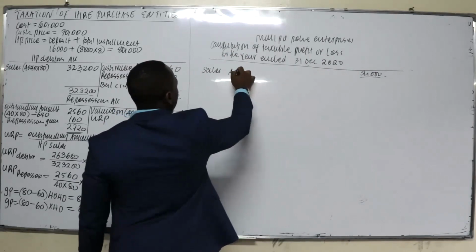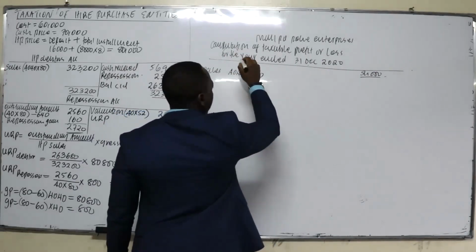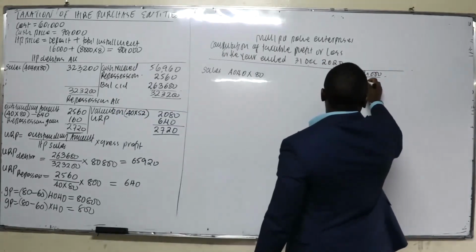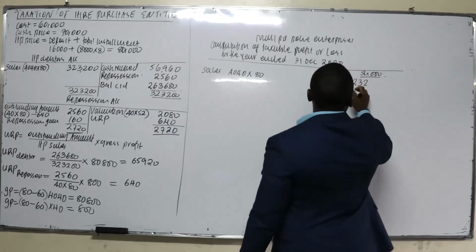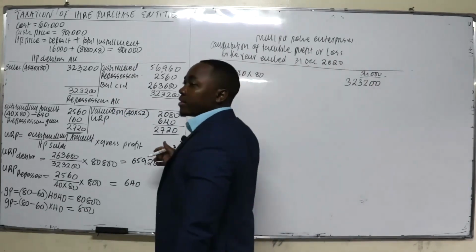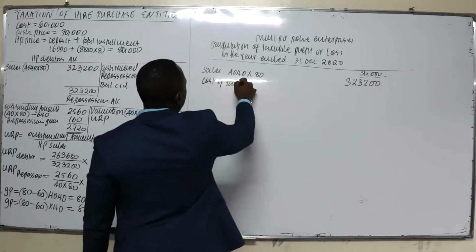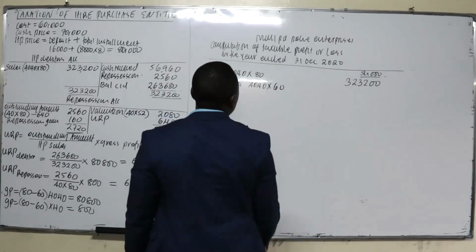We sold 40 units, each at 80, and you get an amount of 323,200. Then you raise cost of sale. 40 units, and how much is the cost per unit? 60.